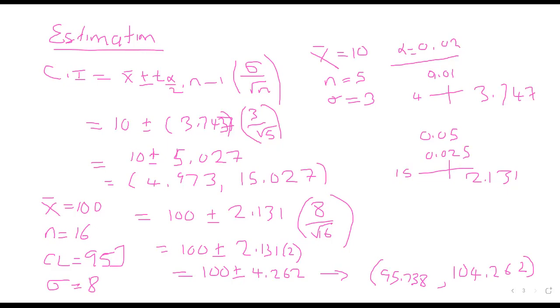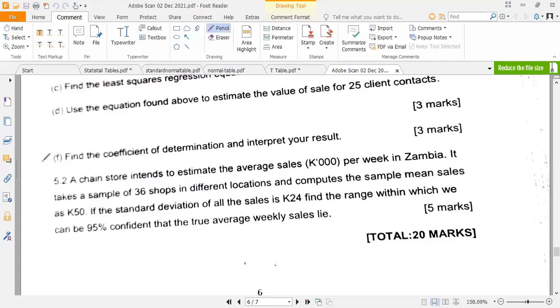So how do we handle a question that has this interval? We're going to put an exam question here. A chain store intends to estimate average sales per week.